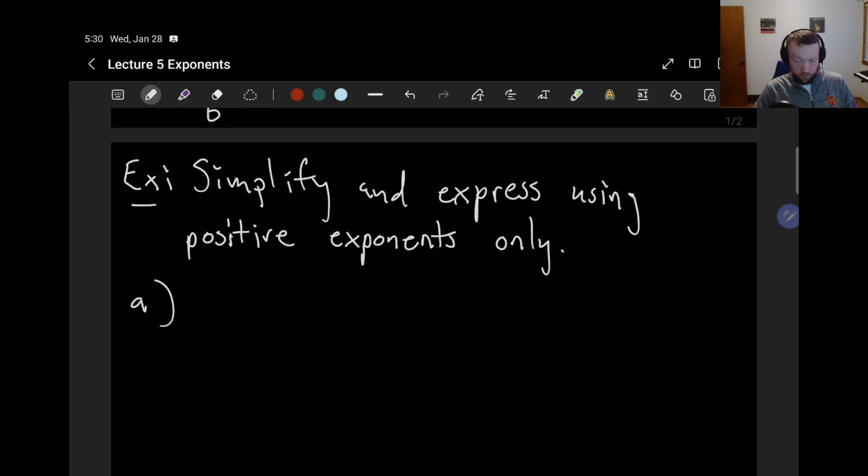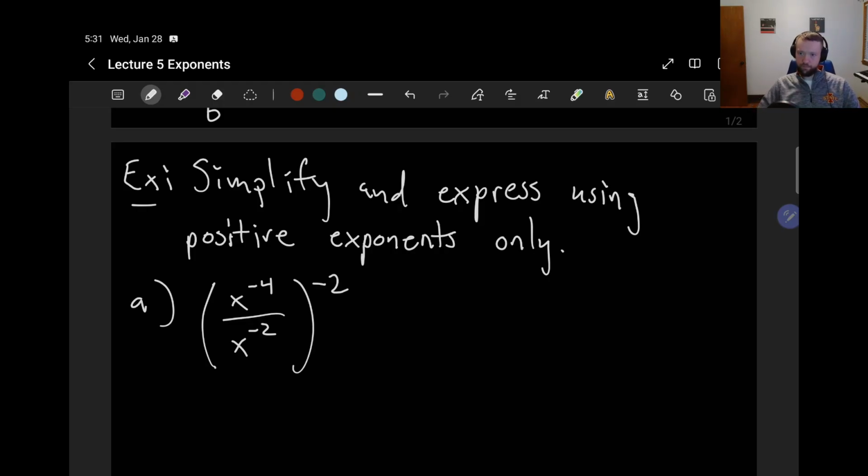We'll do a few parts. x to the negative 4 over x to the negative 2, all that to the minus 2 power. We want to simplify.